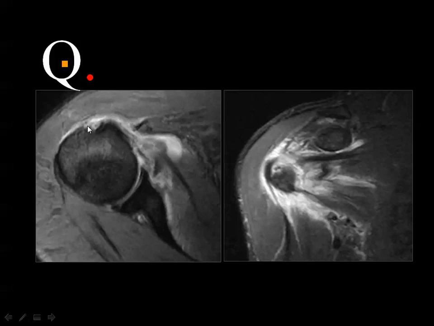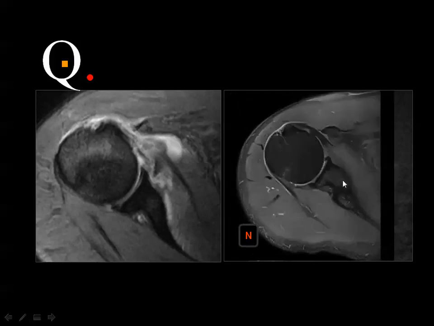This is the bicipital groove, and this is the biceps tendon in the groove, anterior labrum, posterior labrum, and this is the normal appearance of the subscapularis tendon compared to this intact tendon, and this is the disrupted tendon. And you know there is a distance between the coracoid and the head of the humerus. This distance should not be less than 8 millimeter. If the distance is less, this is known as coracohumeral impingement.